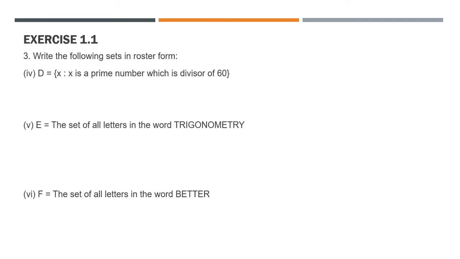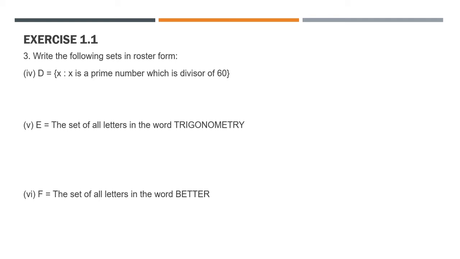Next one, D is equal to the set of all x such that x is a prime number which is a divisor of 60. So, it is given x is a prime number and it is a divisor of 60. So, we have to check what are the various prime numbers that divide 60.